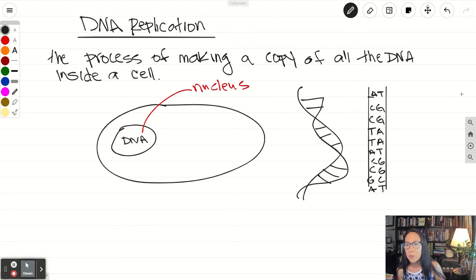And so if we were to replicate this DNA exactly, then what we would end up with is another exact copy. Okay, so let me just scoot this over.